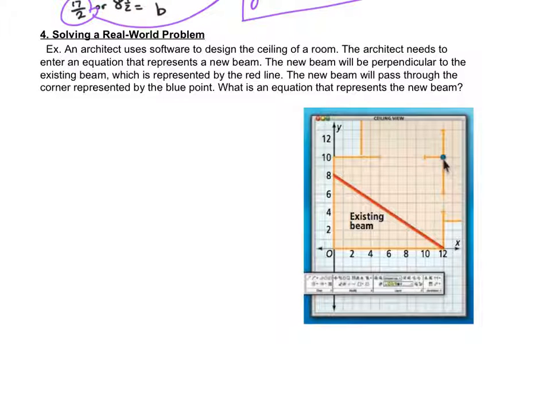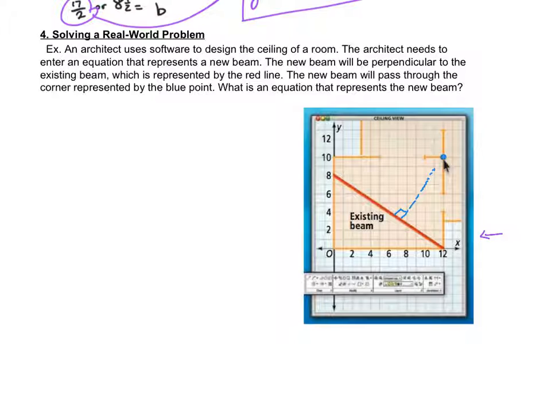So we're trying to find something that is perpendicular to our red line in our image here, and the new beam will pass through the corner represented by the blue point. Okay, so this blue point right here, the beam is going to pass through that and be perpendicular somewhere along the lines of this. And perpendicular, we know, is going to be 90 degrees. And it says, what is the equation that represents the new beam?